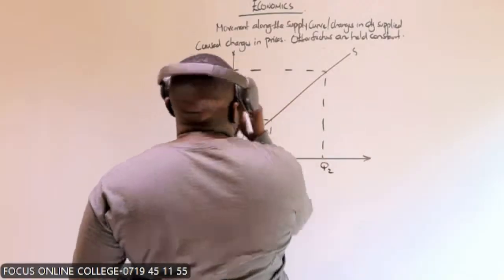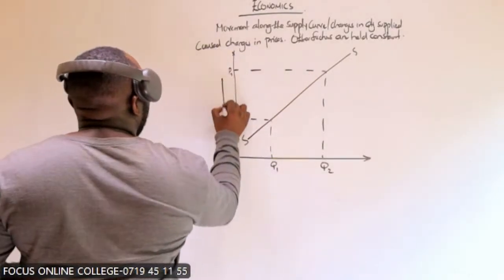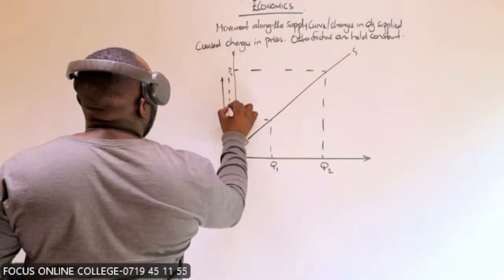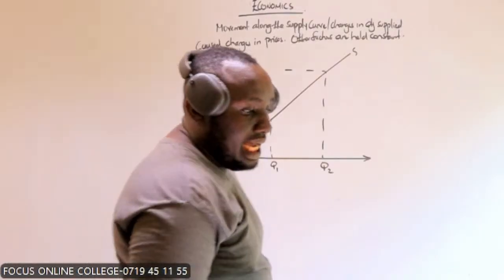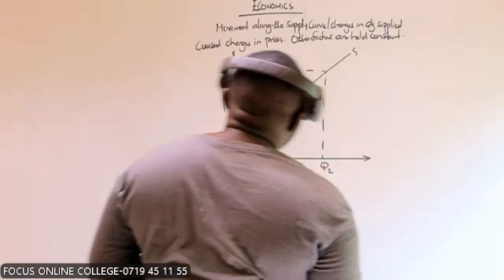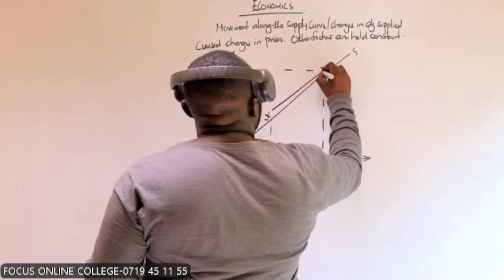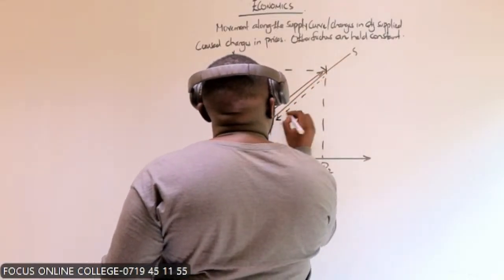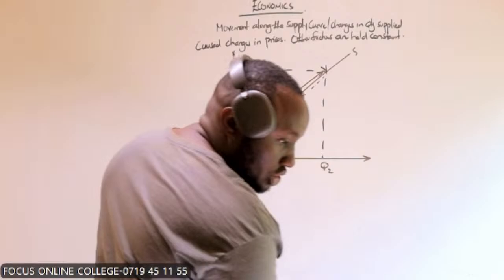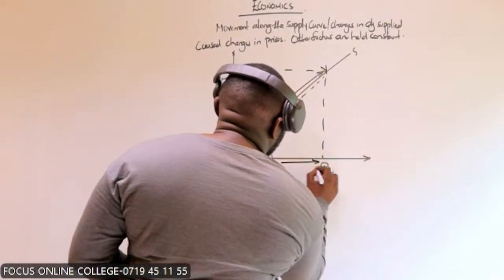I can have an arrow moving this way, and an arrow moving that way, so we can have X and Y. We have this arrow moving, then this arrow moving backward here.